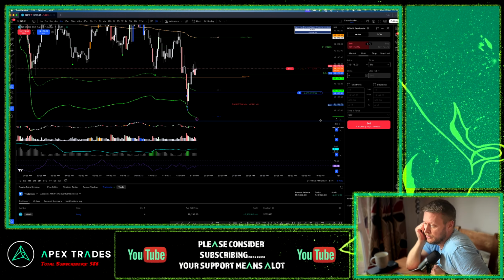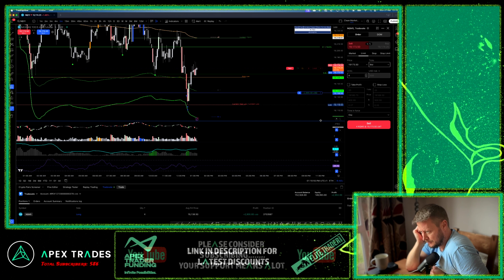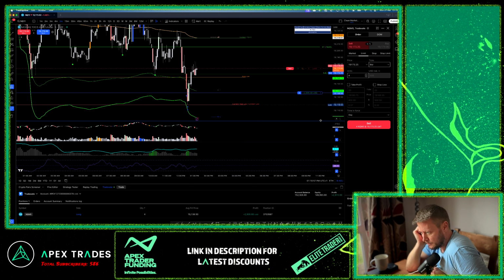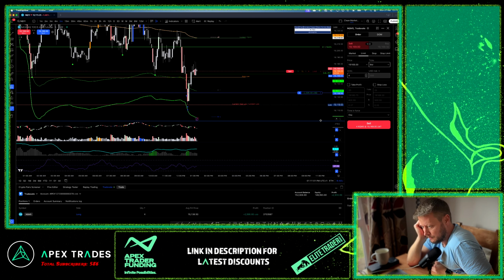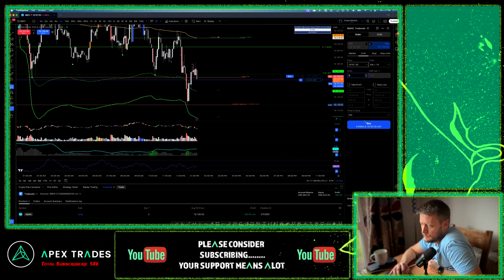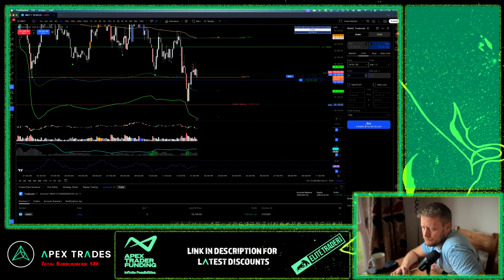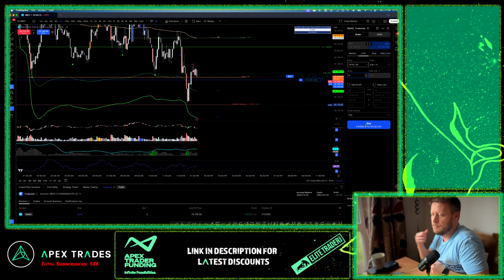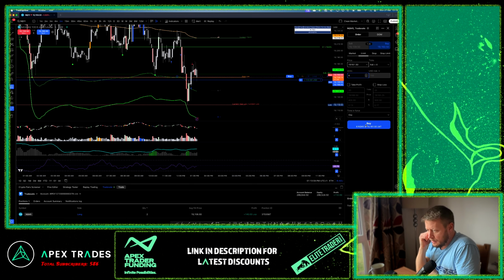Thing is, if it breaks through this though, it will go, because there's a lot of sellers who are trying to push it down, expecting the next leg down. Maybe too strong. I'm gonna go with this one if this one comes down. It's good buying strength, that. If it can maintain it, that's good buying strength.